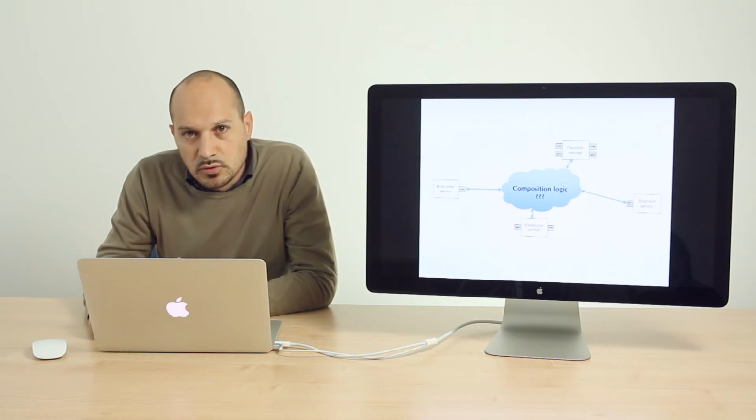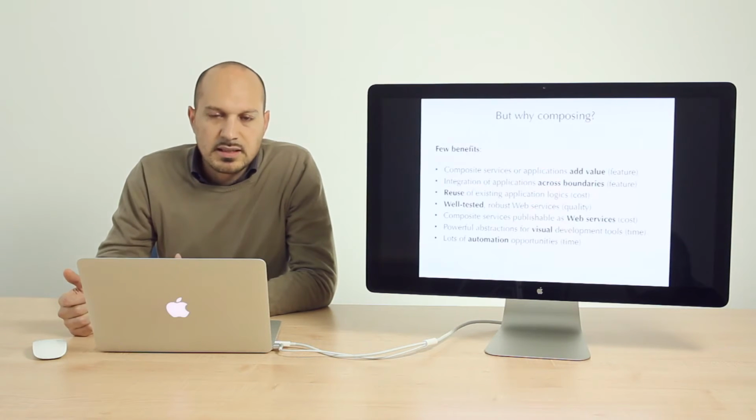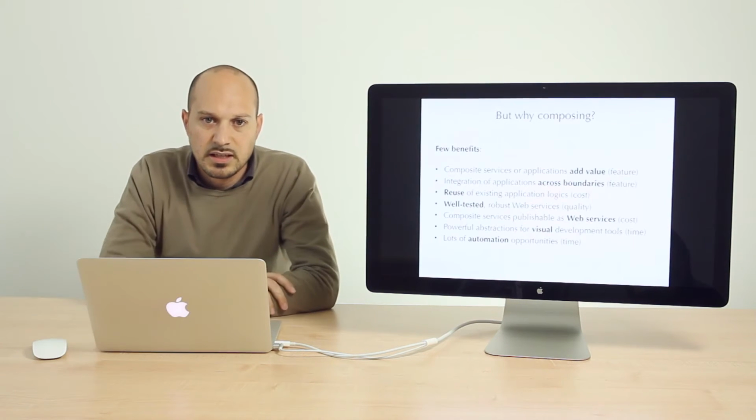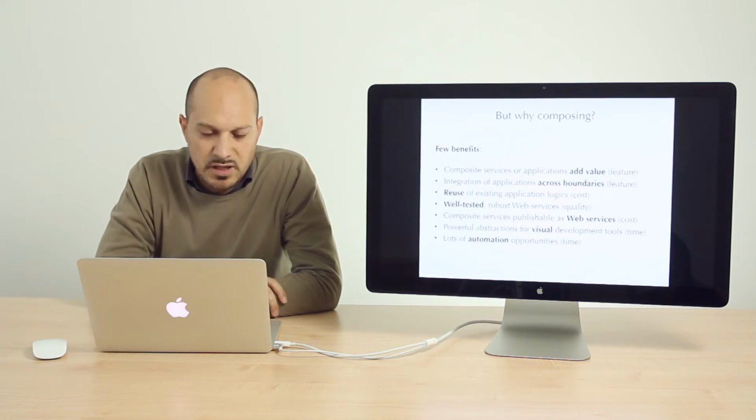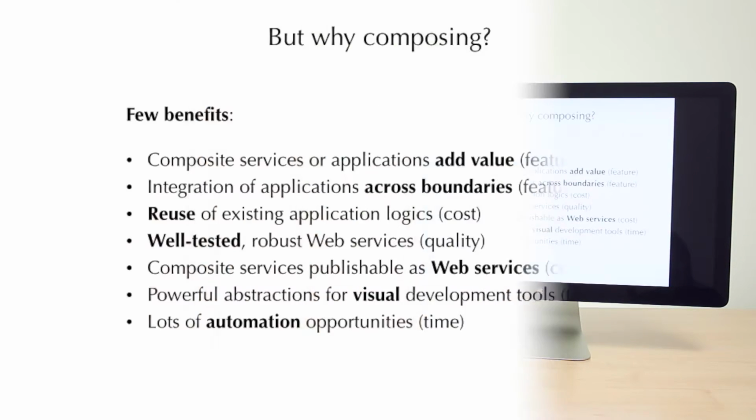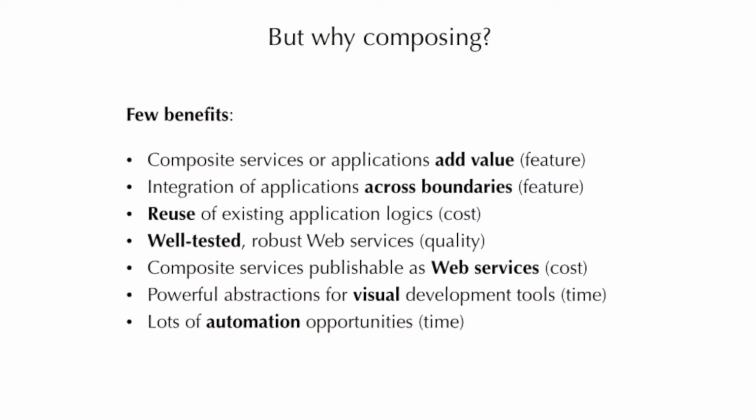So why would we want to do this? There are some benefits, and it's important to briefly recall them. First of all, composite services add value. We saw four web services, and they already deliver some service to their clients if taken individually.